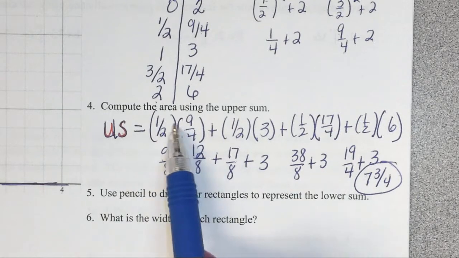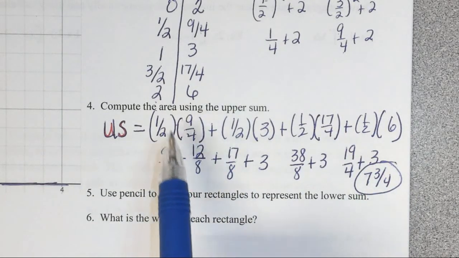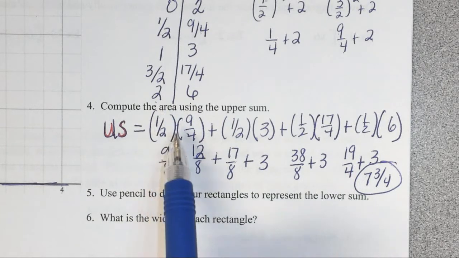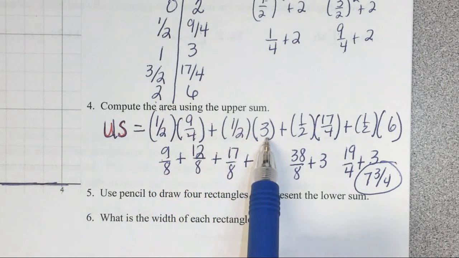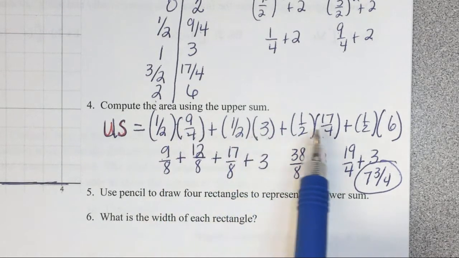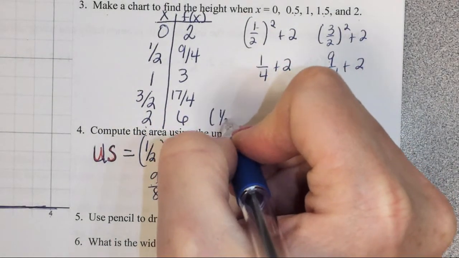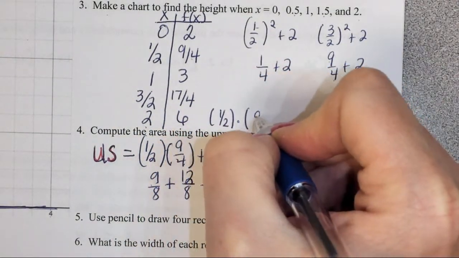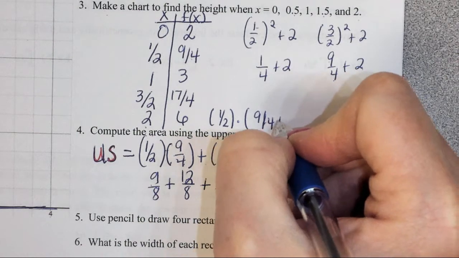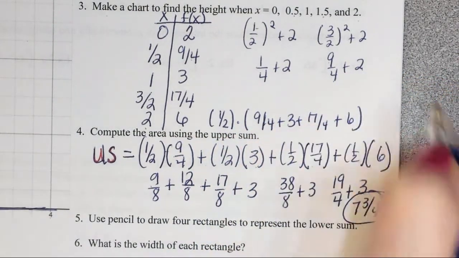Now, I could also type all that in my calculator. But if I were going to type that in my calculator, I wouldn't type it in as 1/2 times 9/4 plus 1/2 times 3 plus 1/2 times this. What can I factor out of each one of these? 1/2. So couldn't we just do 1/2 times parentheses 9/4 plus 3 plus 17/4 plus 6?